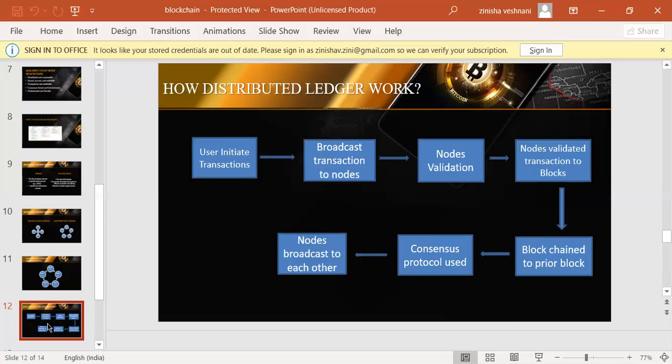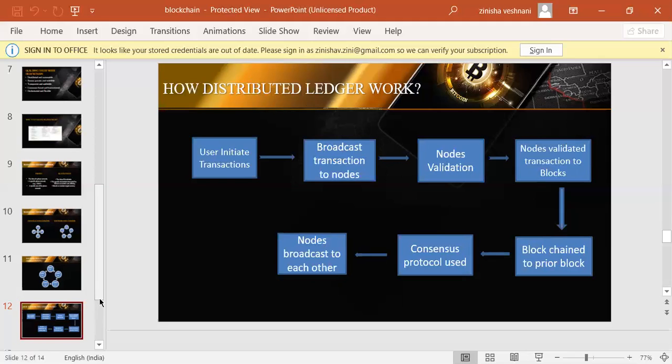After validation, the transactions are converted into blocks. Then the blocks are added to the prior block, a consensus protocol is used, and the nodes broadcast to each other. This is how a ledger works, and this is how we can make a chain and blockchain.